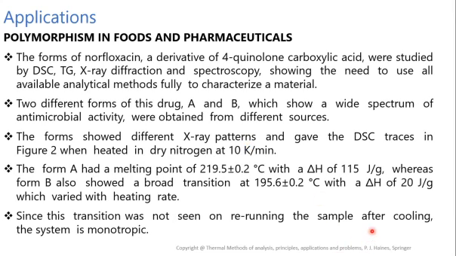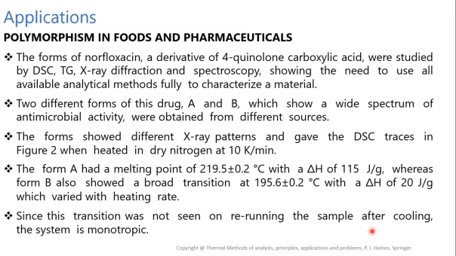Form A had a melting point of around 219.5 degrees Celsius with a change in enthalpy of 115 joule per gram, whereas form B showed a broad transition at 195.6 degrees Celsius with delta H of 20 joule per gram, which varied with the heating rate.